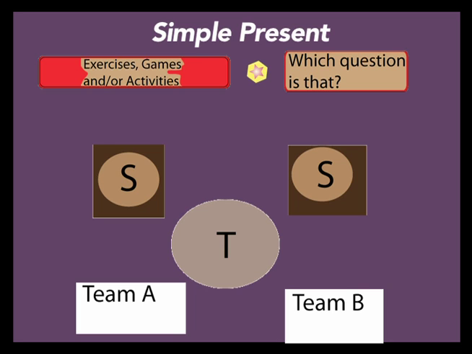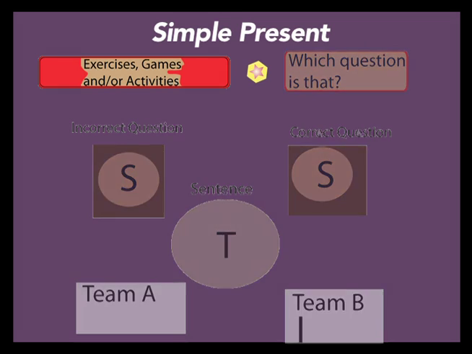For the team game, you have one person from each team come, 2 total. They each sit across from each other in chairs, and then you quickly pull up a sentence. First one to get the correct question gets a point.